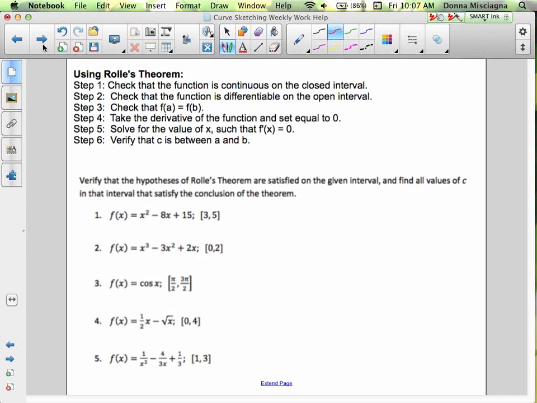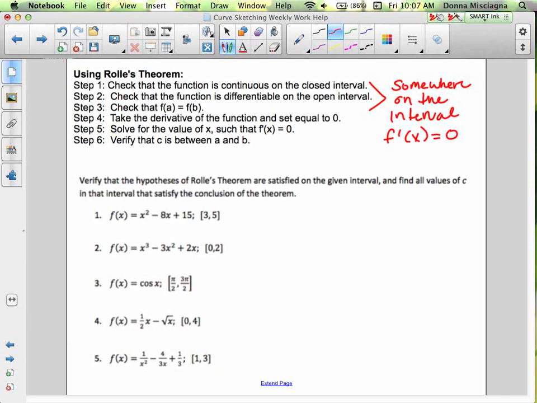These are the three requirements, then somewhere on the interval f'(x) equals 0.